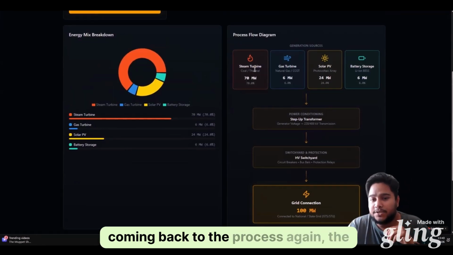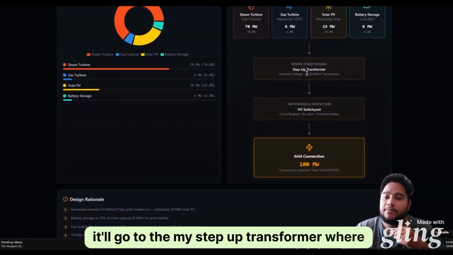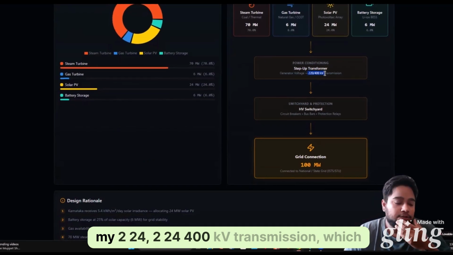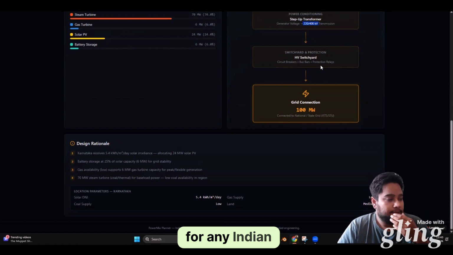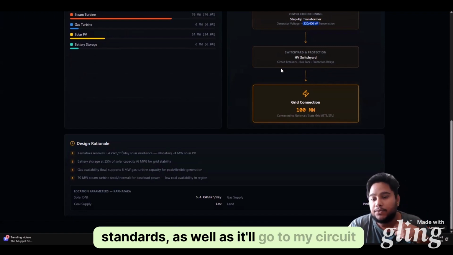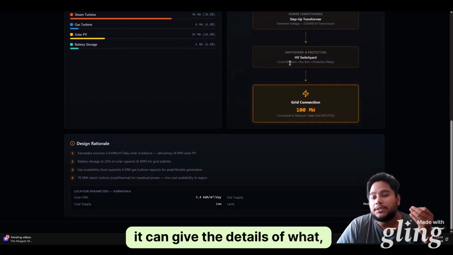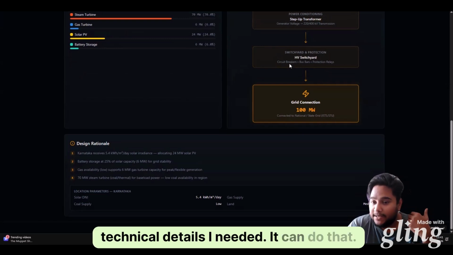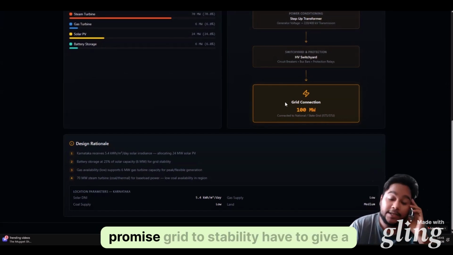Now coming back to the process, it goes to my step up transformer, then the 400 kV transmission, which is standard for Indian standards, as well as my circuit breaker, bus bar, and protection. It can give the technical details I needed.